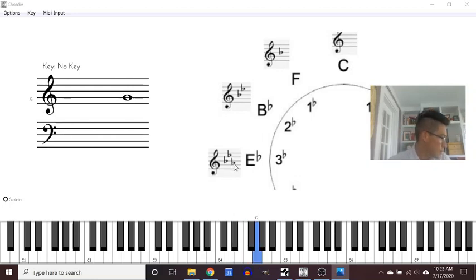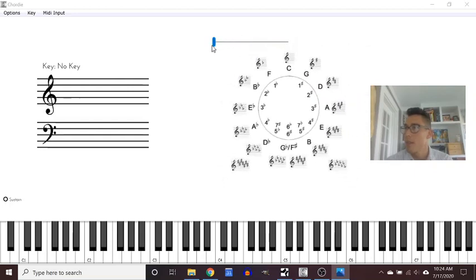So when you check out this circle of force and look at our flats as they grow in the key signature, you might notice another pattern. The other reason this is called the circle of force, let's back up a second, is because of our flats, B flat and E flat.